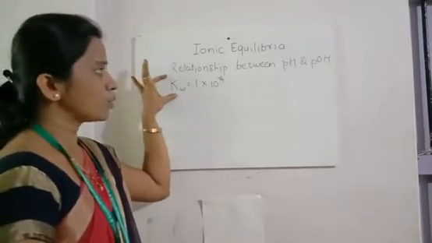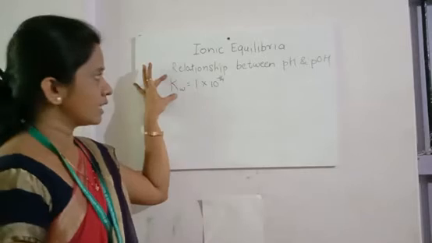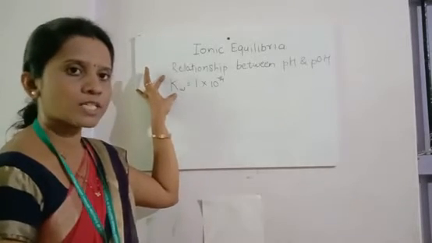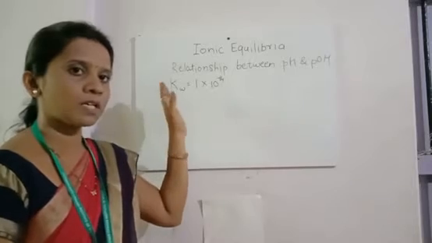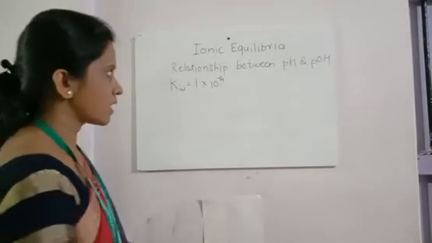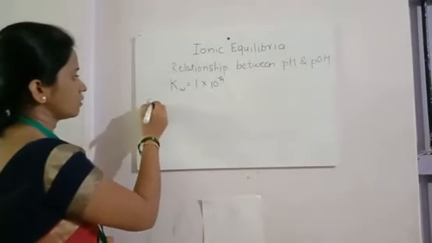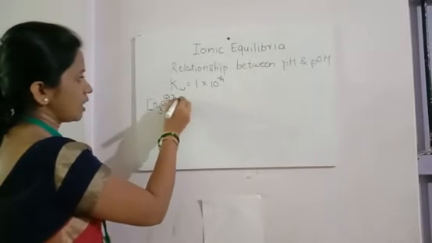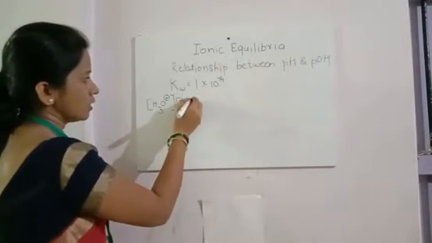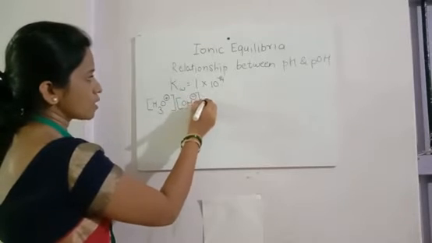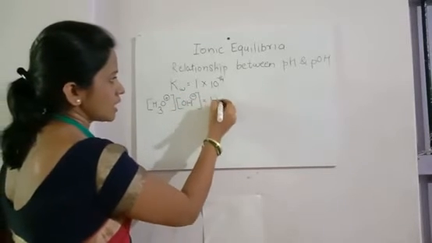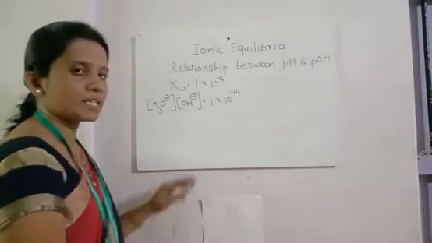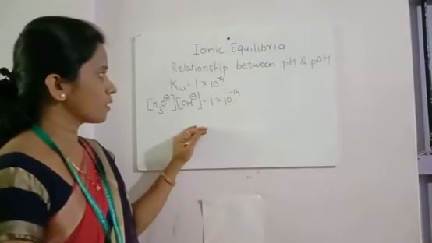Now Kw is nothing but the product of the molar concentrations of H3O plus and OH minus ions. So the H3O plus ion concentration into the OH minus ion concentration is equal to 1 into 10 raised to minus 14.